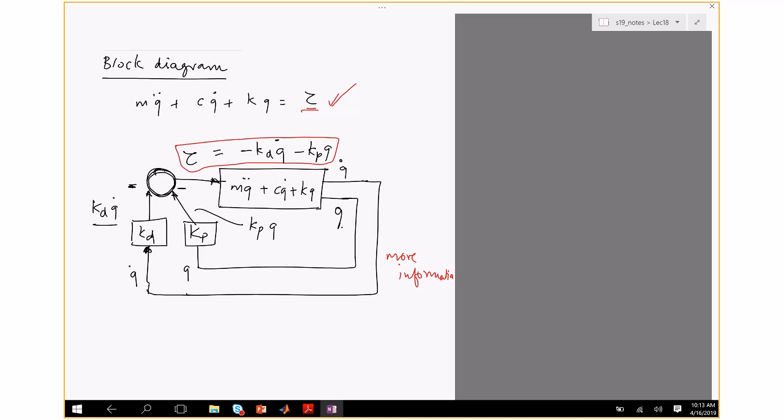Now let's take a more complex system, a 2DOF system. Eventually we should be able to control an n degree of freedom system. So again, the same equation holds true, except that now you'll have a little bit more complexity: M Q double dot plus C Q dot plus K Q equals tau.